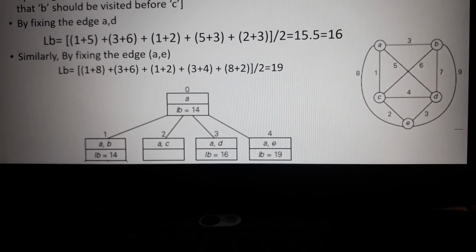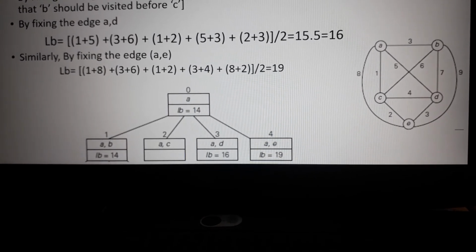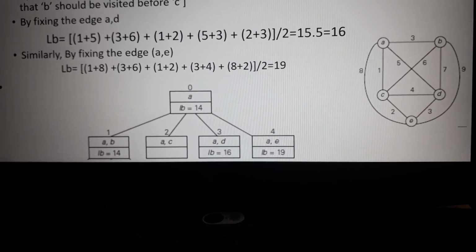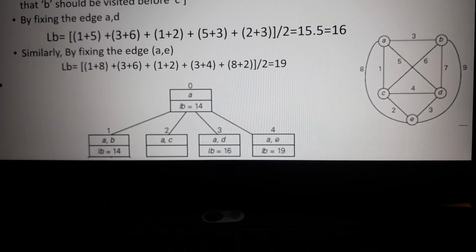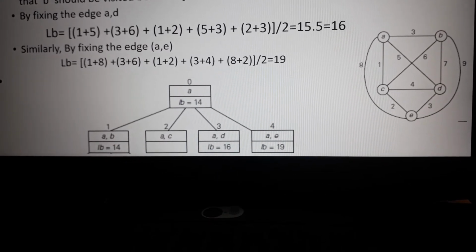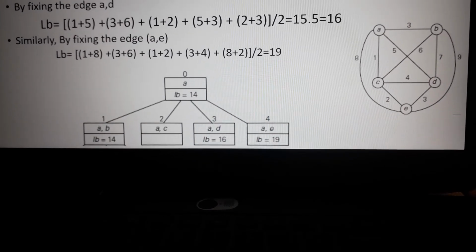So, that is 8 plus another minimum cost edge out of 2, 3 and 9, which is 2. So, the cost is 8 plus 2. So the LB is equal to the sum of the two minimum cost edges of all the cities divided by 2, that is equal to 19.